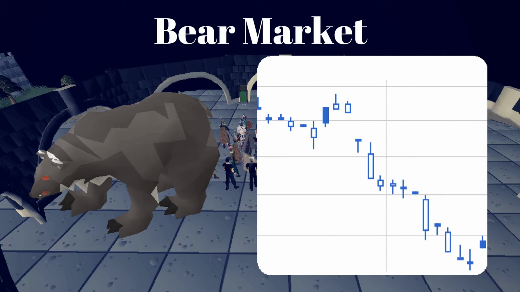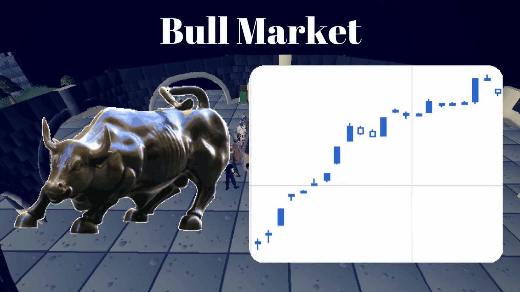To quickly reiterate what I just went over, a bear market is basically a series of hollow candlestick charts in which the moving price is going down. And then you have your bull market, which is quite the opposite of the bear market, in which you have a series of solid filled candlesticks in which the price is moving up.